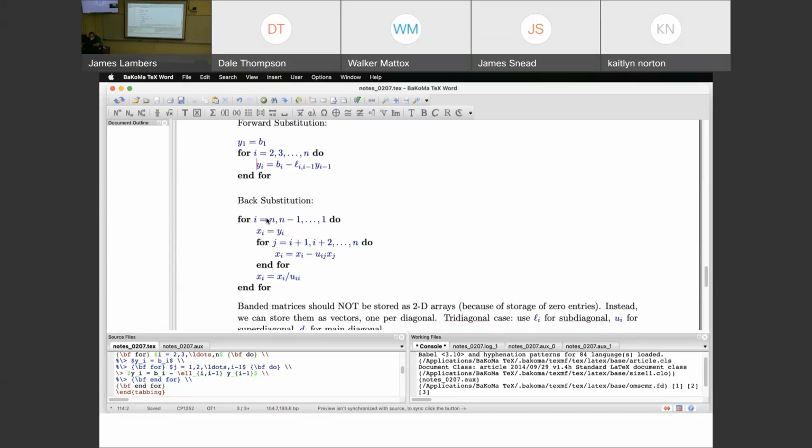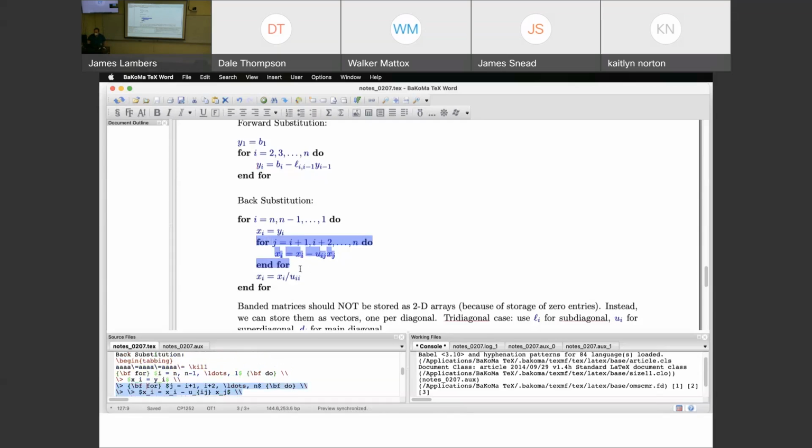But in the case where i is equal to n, you have j going from n plus 1 to n. Well, a loop like that won't run. So first time through, i equals n, this loop doesn't happen. For that reason, the case of i equals n, when I strip this algorithm down for the tridiagonal case, really should happen separately.